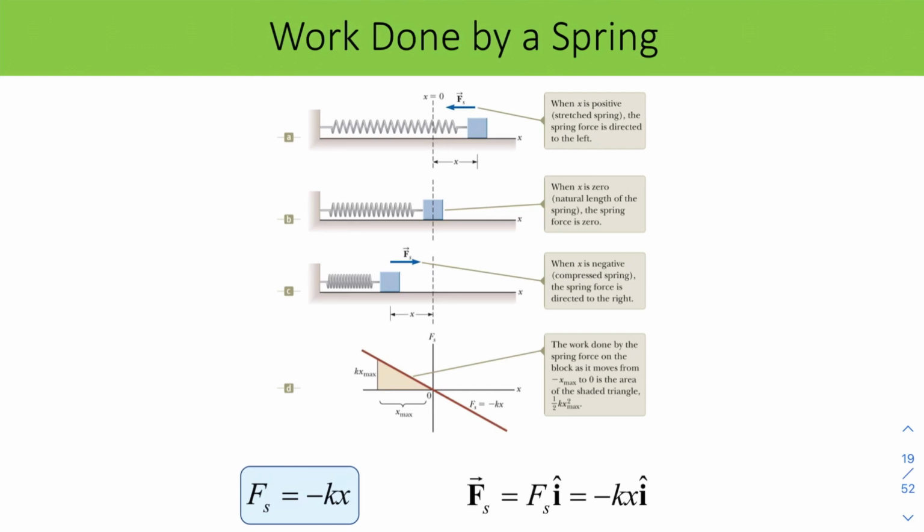Once the block reaches the equilibrium position, the spring force is 0 right now. However, due to the conservation of momentum, the block is going to proceed in motion to the left, until, in the perfect case, it reaches maximum displacement of x but in the left direction, and then it stops for a moment.